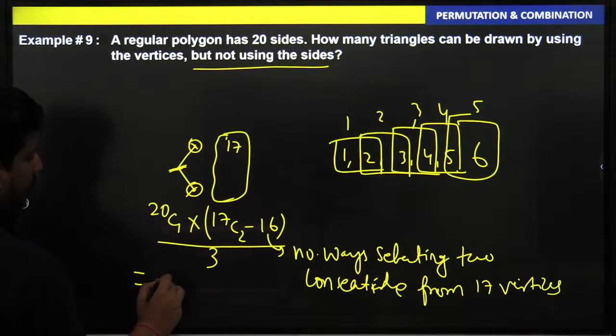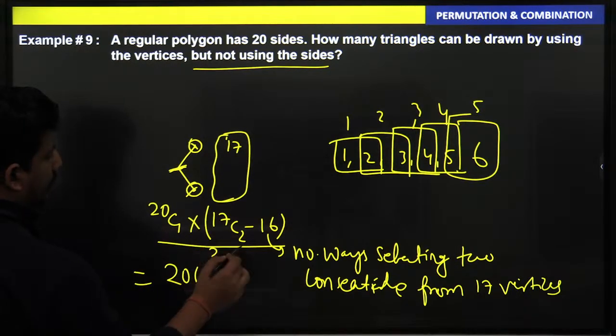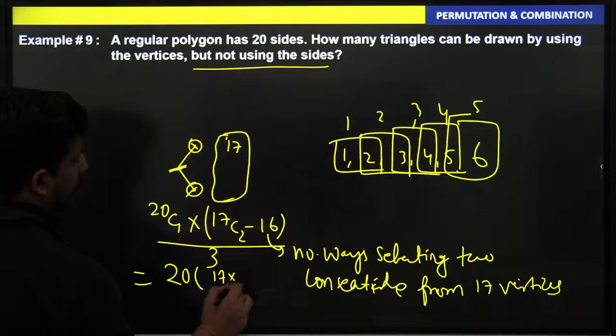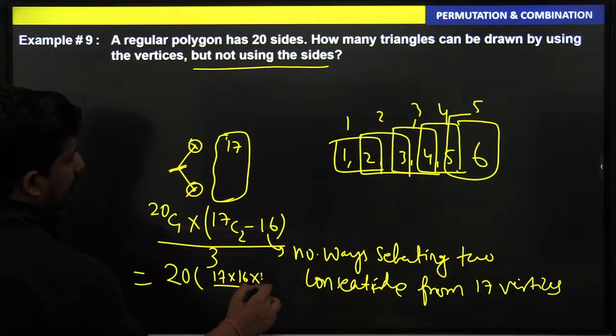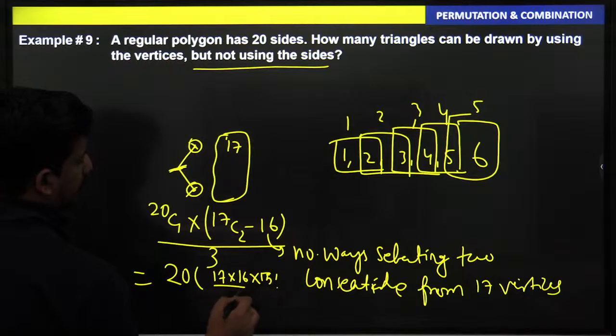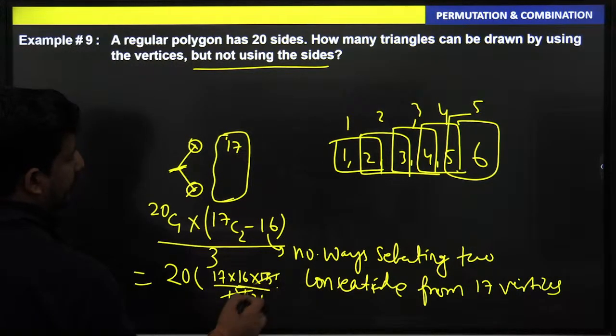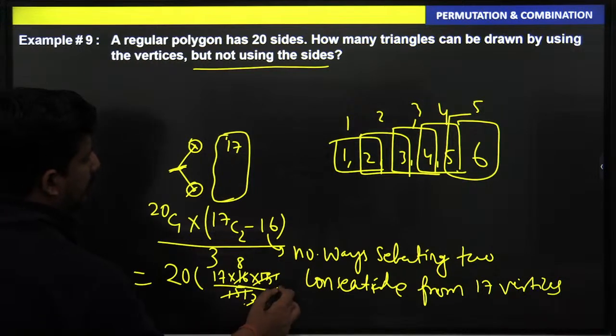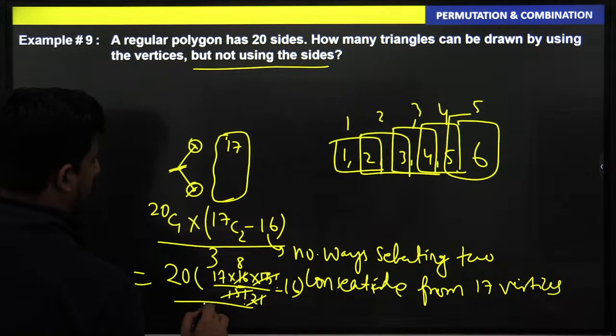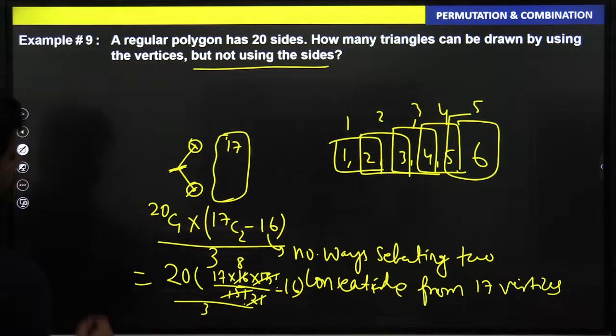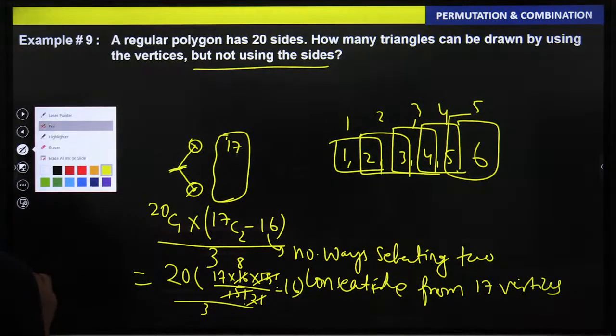So this becomes what? 20 into 17C2, so 17 into 16 by 2 into 15 factorial. So here 15 factorial upon 15 factorial into 2 factorial. So 15 cancels, 2 8s are 16, 17 minus 2, divided by 3. Okay? So what is this number? Can you tell me that?